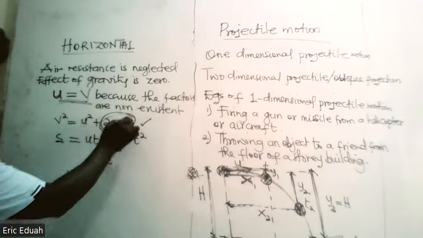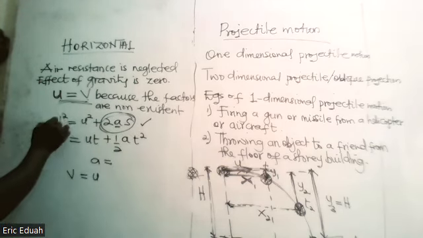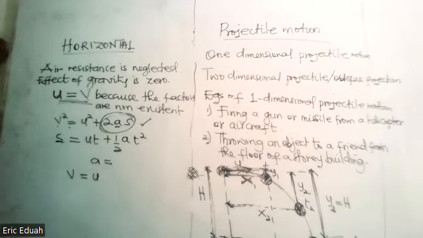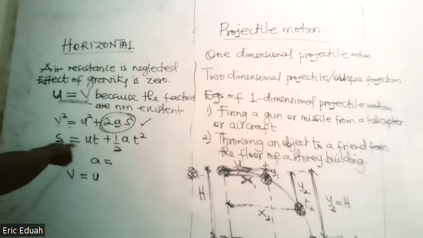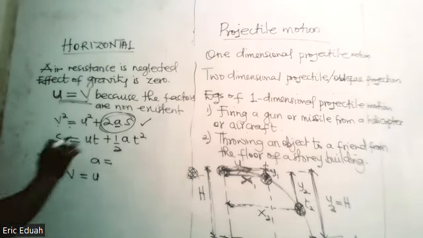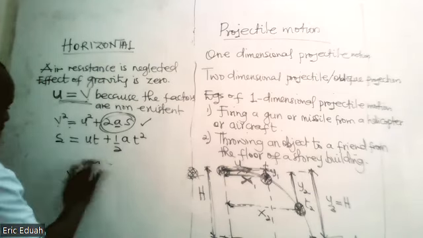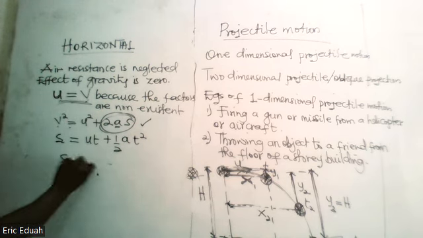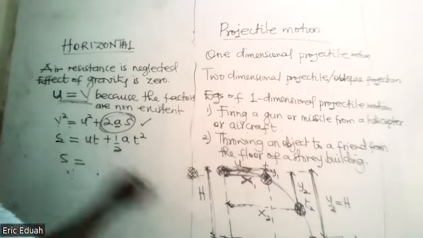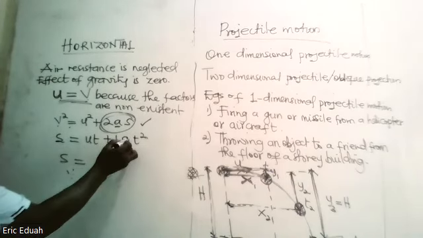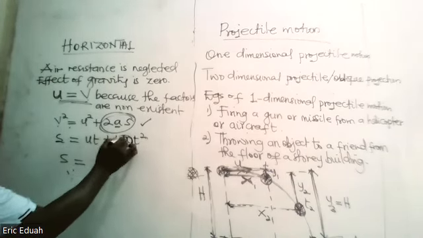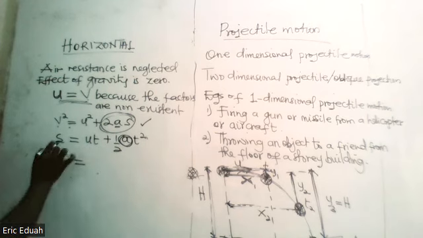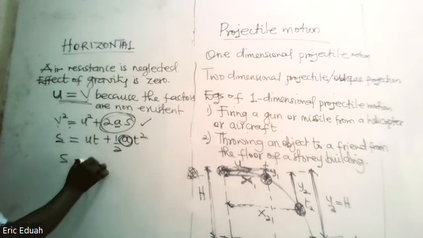So this part will be 0, and so we'll have v equal to u. Now let's look at this other equation. s is equal to ut plus half at squared. With this equation, because a is equal to 0, we only have s is equal to ut.